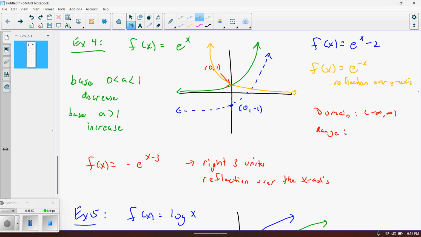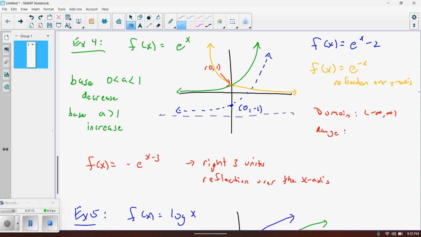But what you can notice is like the one in the blue, it's going to go down. Since we shifted everything down 2 units, it actually is going to approach, let's put this in purple, negative 2. So the horizontal asymptote there also shifted down 2 units.